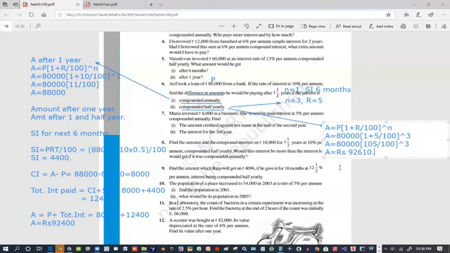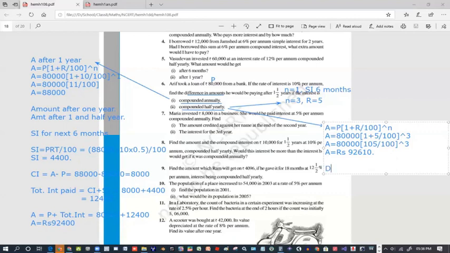So the difference in amount it is asking, that we have underlined, so we will not miss it. What is the difference in amount? In the first case it is 92,400, in the second case it is 92,610. So this is more. Compounded half yearly is more.